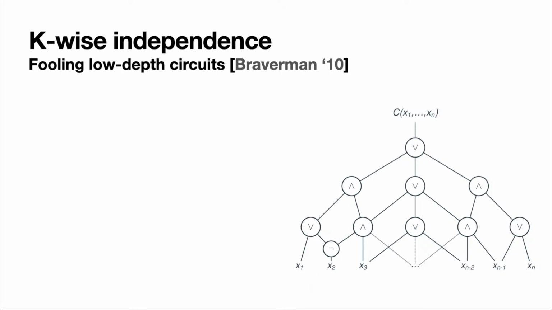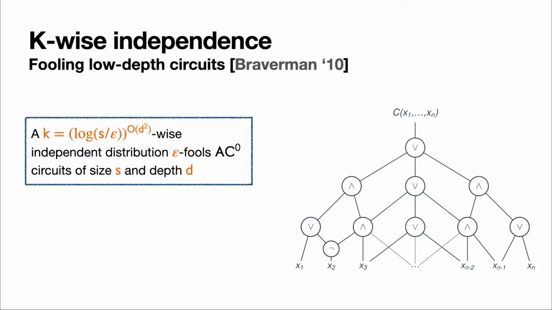Usually when we say an AC0 circuit, we mean that the depth is constant, and it has some size S. And Braverman showed that k-wise independence, specifically this k, fools AC0 circuits.